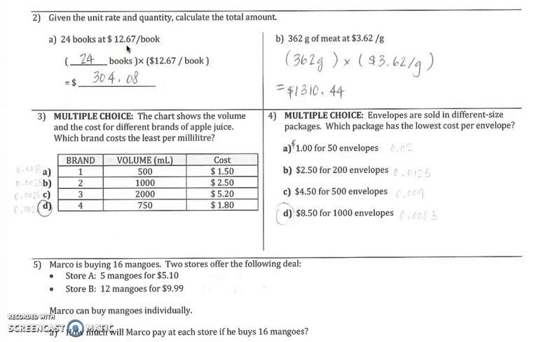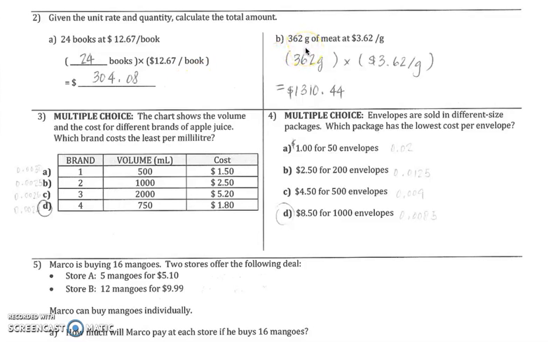So we keep repeating this number for each book that we add to the number of books that we want to buy. As a result, this is a multiplication of 24 books times $12.67 per book, which results in $304.08.